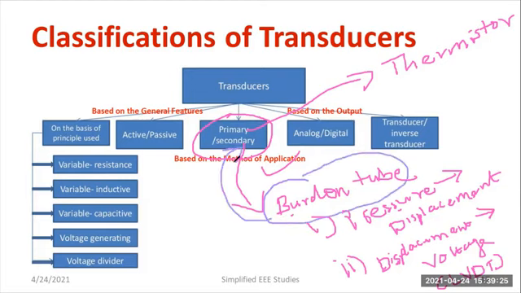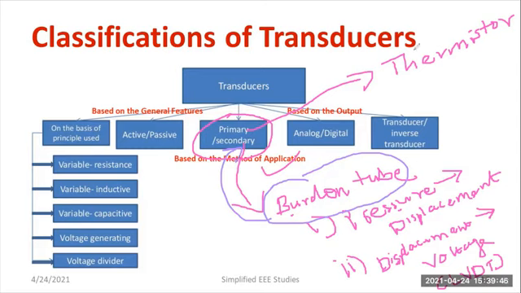Once again, I will repeat. In case of Bourdon tube, pressure will be converted into displacement first. Thereafter, displacement will be converted into voltage with the help of LVDT. LVDT is a part of the Bourdon tube. So I should say that Bourdon tube belongs to secondary transducer.